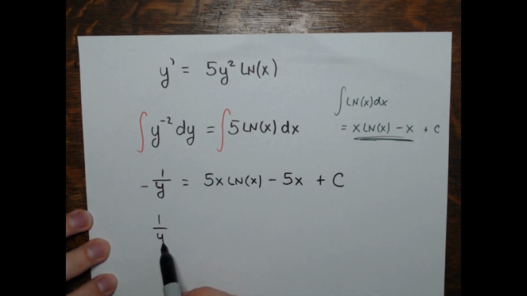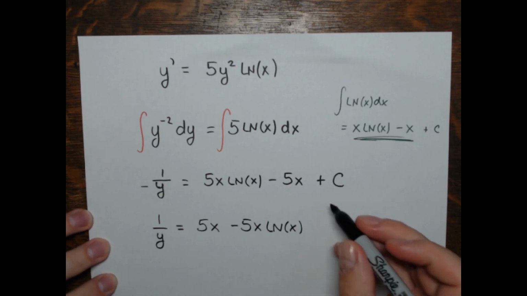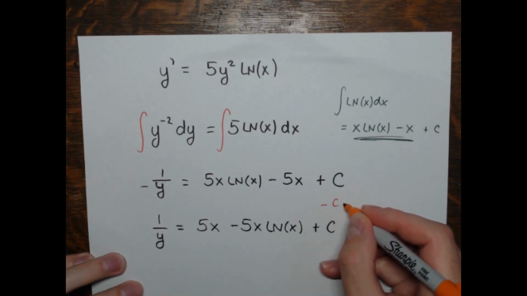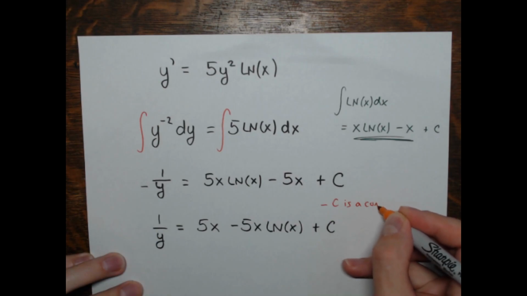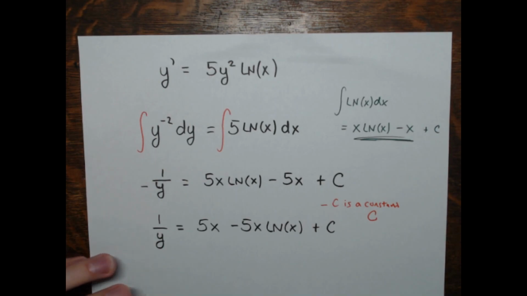So we have 1 over y equals, and that would make this middle term positive 5x, then minus 5x times the natural log of x, and then minus a constant. But that's just a constant again. So I'm going to remember, if I do minus a constant, that's still a constant. So I'm going to call that c again, or just plus c. I know it sounds silly, but plus c, minus c, it's all constants, that last term.